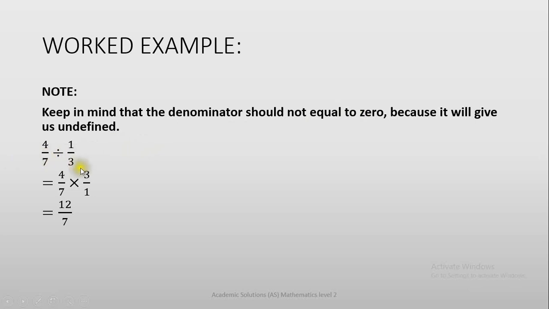So for example, we have 4 divided by 7 divided by 1 over 3. In this case, I took the example above as an example. As I explained in the previous slide, I hope it does make sense here.